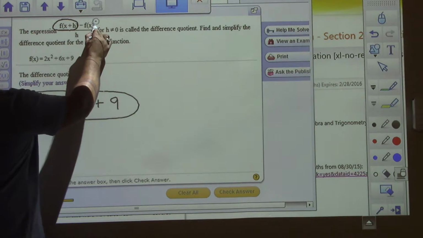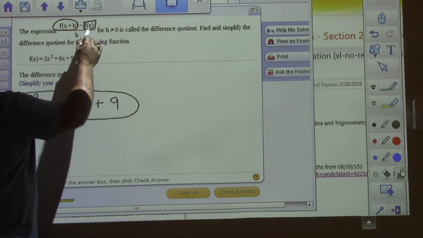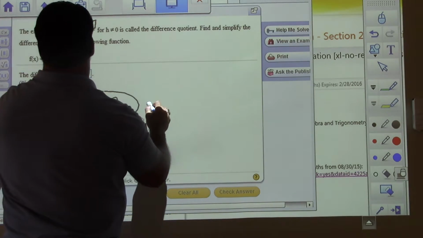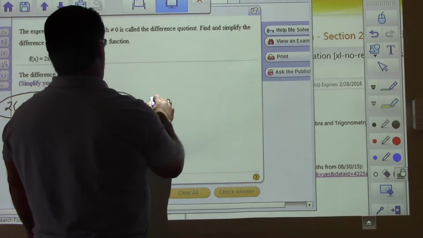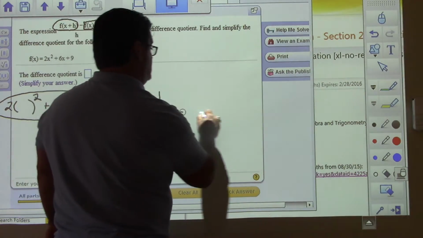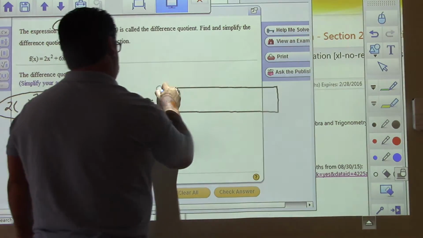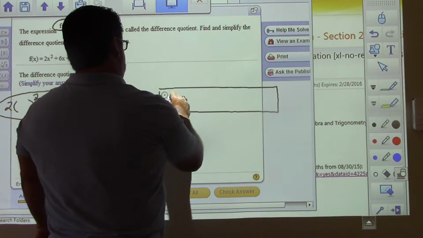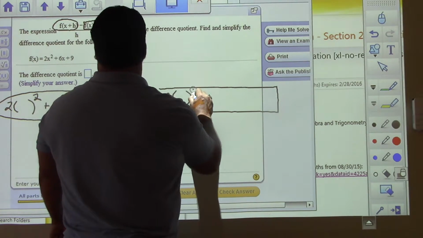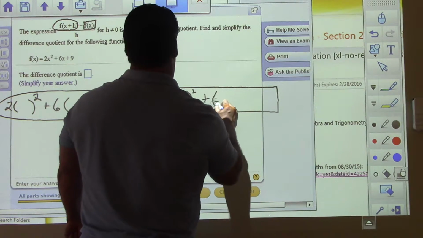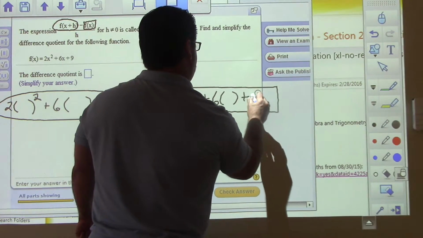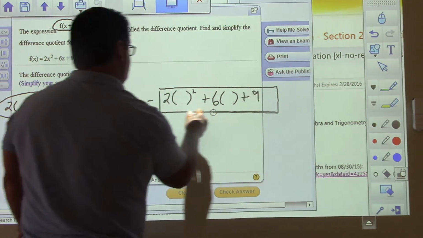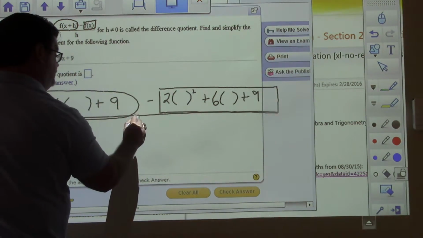And I'm going to rewrite f of x. This is f of x, minus 2 parentheses squared plus 6 parentheses plus 9, and all that over h.